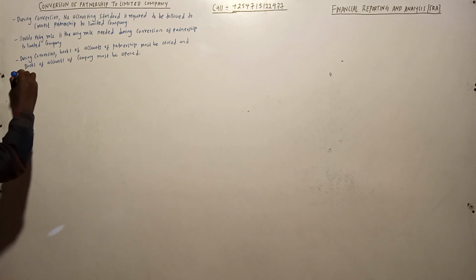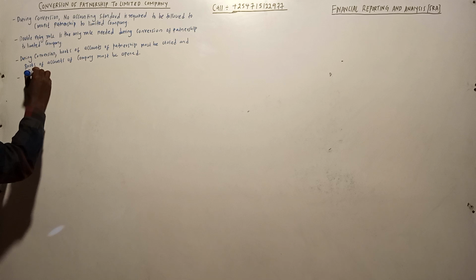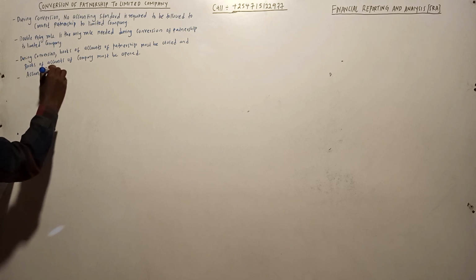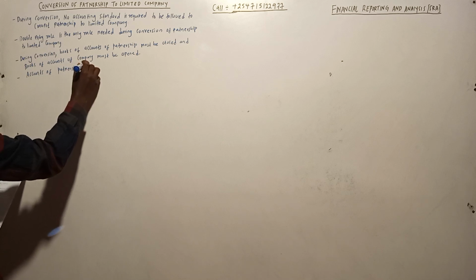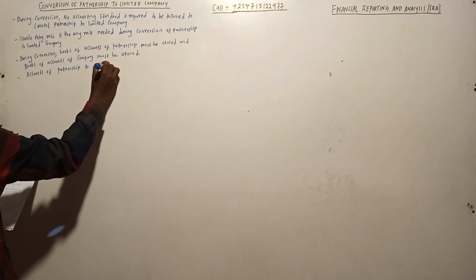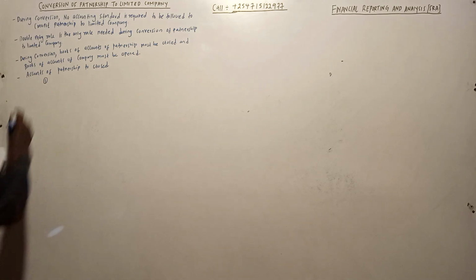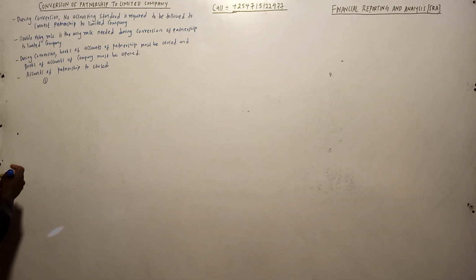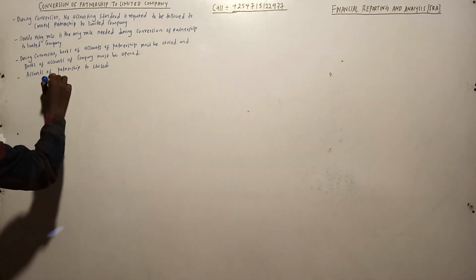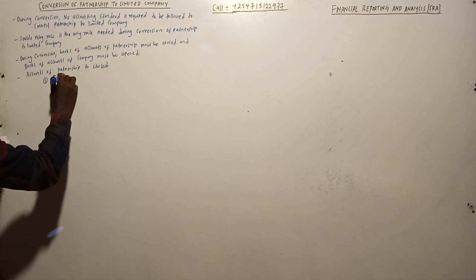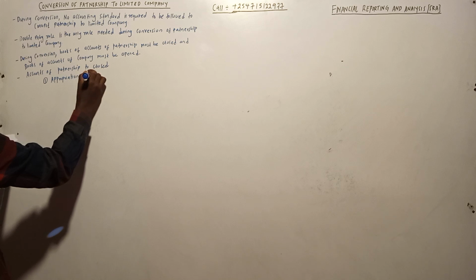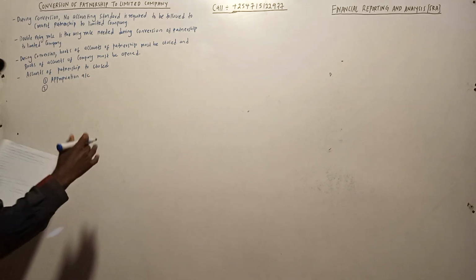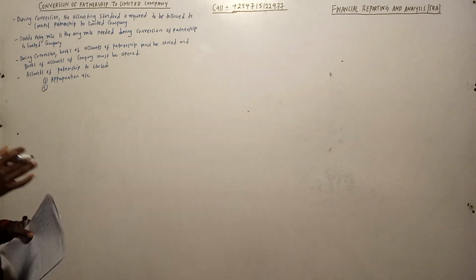Let's say accounts of the partnership to be closed. Number one, we need to close what we call the appropriation account of the partnership. I'm going with an order, the order that I'll be using when doing a question.